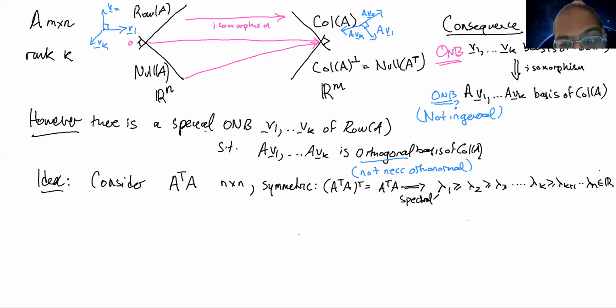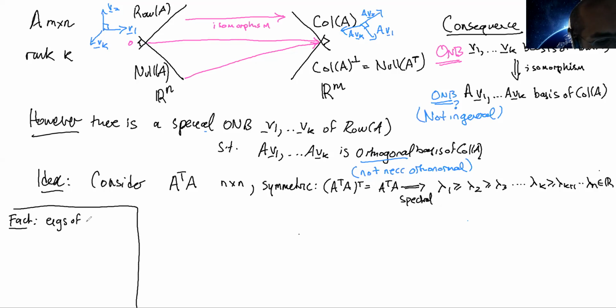You have n real eigenvalues. Actually, the eigenvalues are also non-negative. I'm just going to prove this in a separate box here. The proof is very straightforward. Suppose A transpose A x equals lambda x. Just hit it with x transpose on both sides.